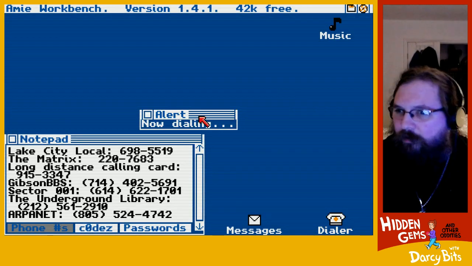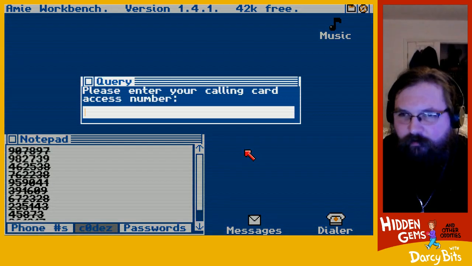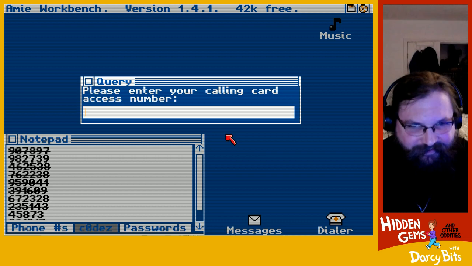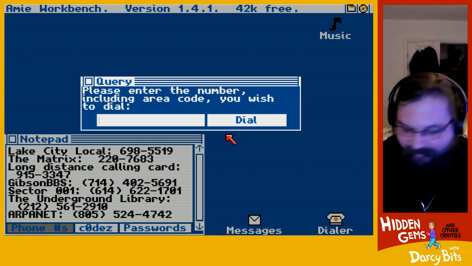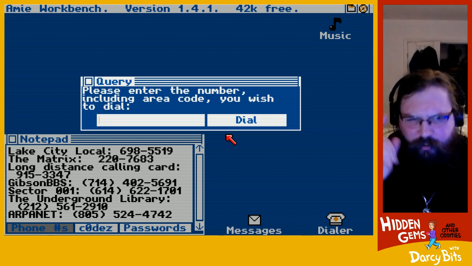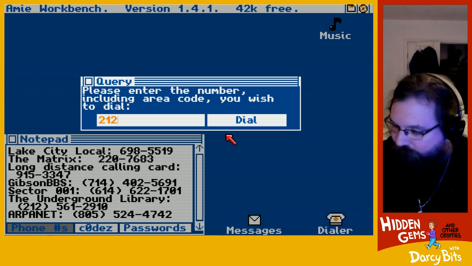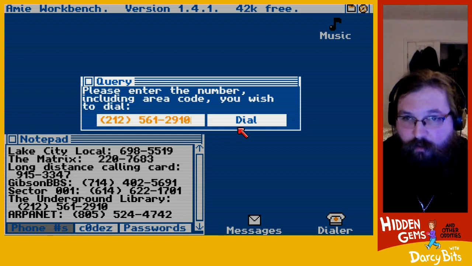Rob! You're giving me bad free stuff! Oh no, this free stuff isn't good quality. Who would have thought? Alright, ARPANET. Wait, no, I'm not going to ARPANET. Where am I going? I'm going to the Underground Library. 212-561-2910.